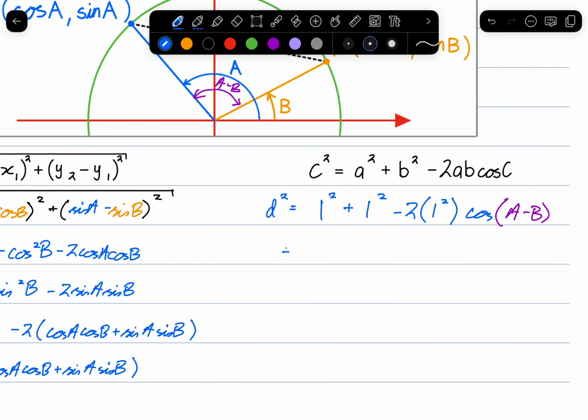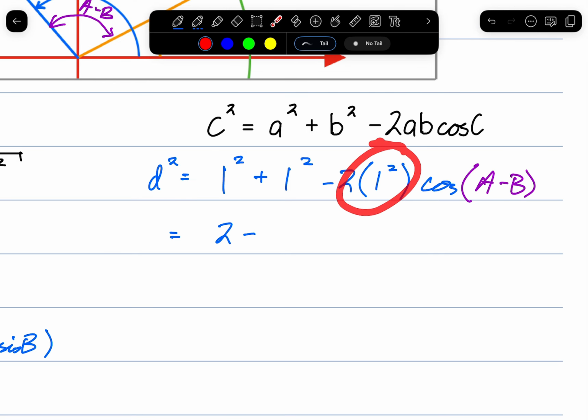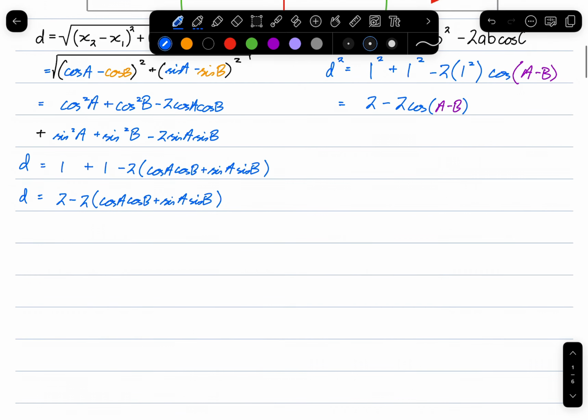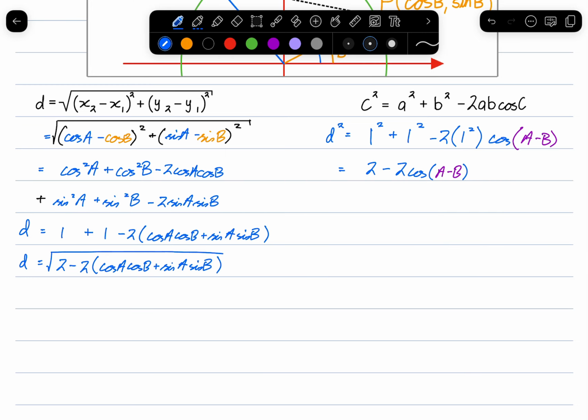Cleaning this up as well, we get 1 squared and 1 squared make 2, minus 2 times this is still 2, cos of A minus B. Okay, now that we have this, I hope you can see that these two, oh, actually, I forgot this needs a square root.